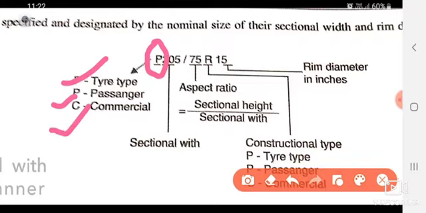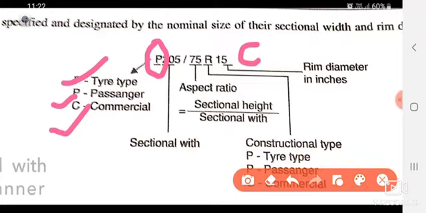If you are purchasing a tire for a truck, instead of P there will be a C. So P is for passenger, C is for commercial, that is the first alphabet. Second, a three digit number which indicates the width, the sectional width.